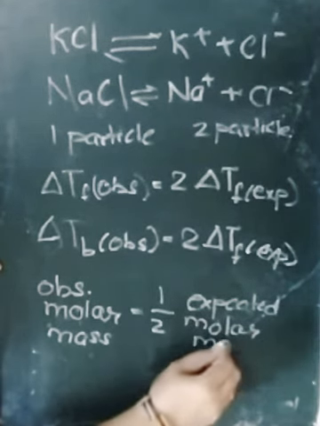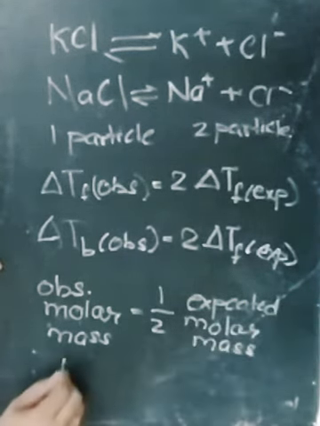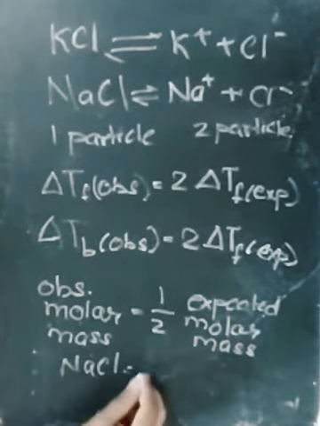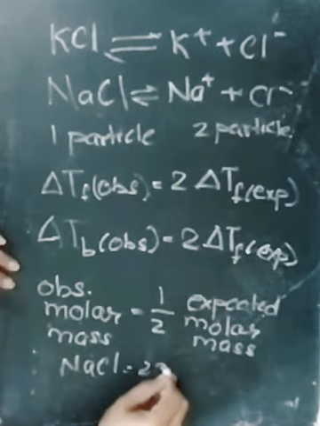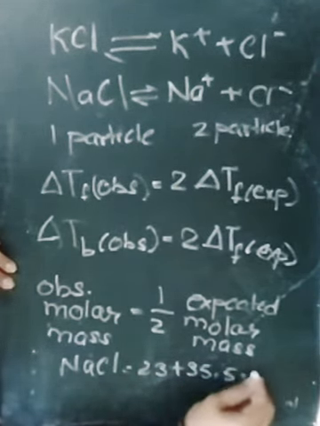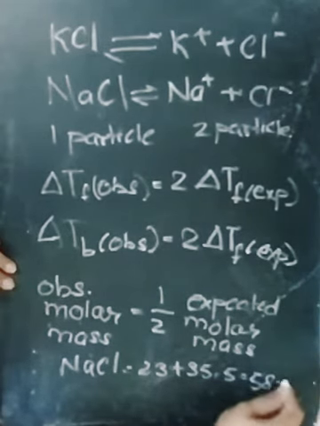For example, for sodium chloride, NaCl, how much is the mass? 23 plus 35.5, it is 58.5.